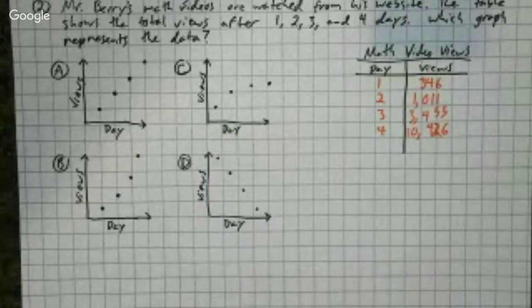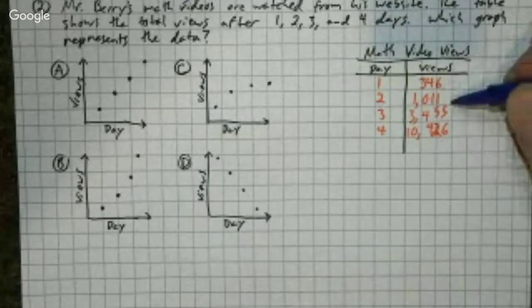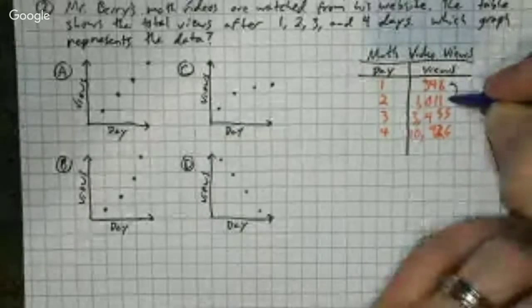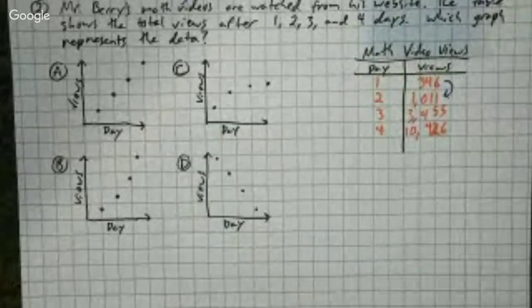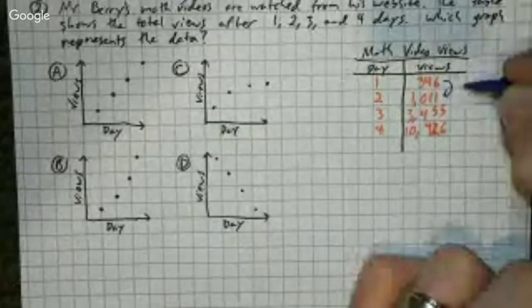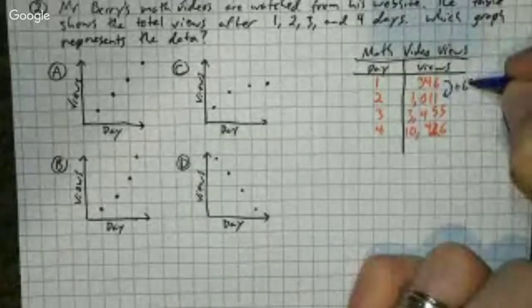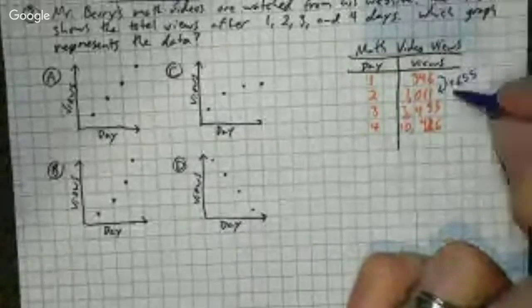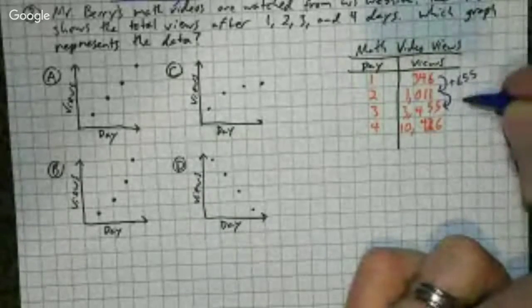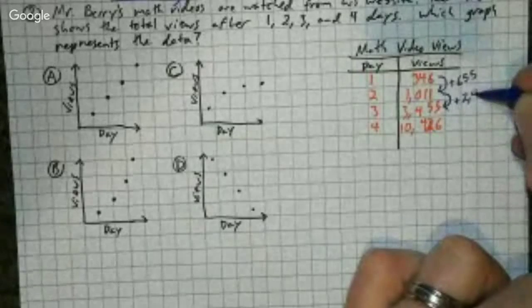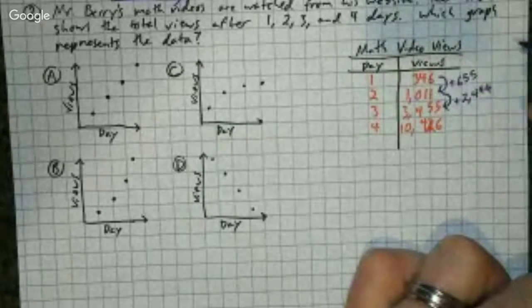So let's look at how the views change. We go from 346 views to 1,011 views. So in that time, the change is we get 655 more views. Between day 2 and day 3, we get 2,444 more views.